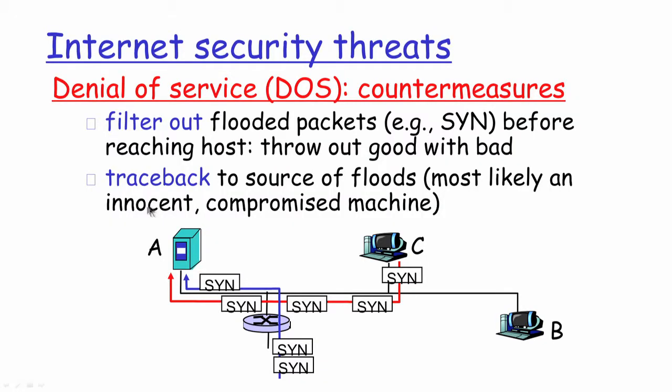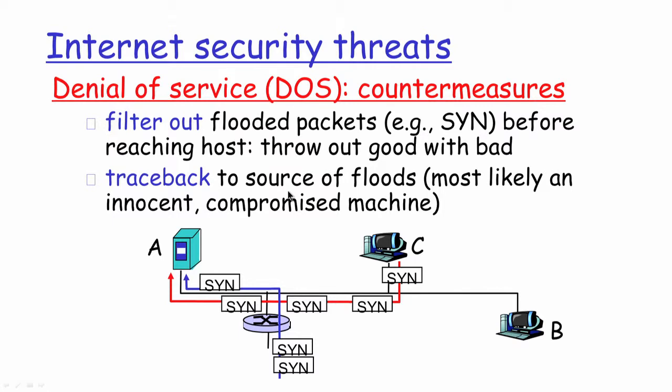In addition to having this filtering mechanism, typically I also have a way by which I could trace back to the source of the floods, right, which is the machine that is actually triggering this attack by trying to generate this kind of heavy traffic with the sole intention of bringing down my server, right.